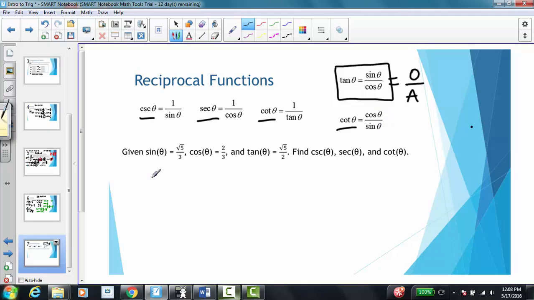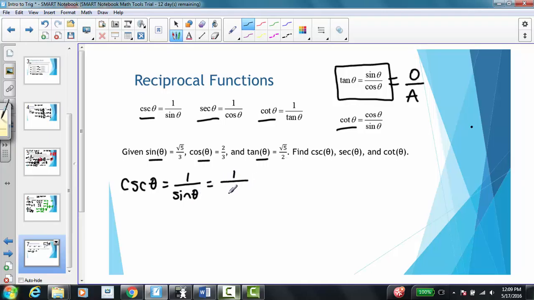Looking at this last example, we're given what sine theta, cosine theta, and tan theta are, and they want us to find cosecant, secant, and cotan of our angle. So cosecant theta is equal to 1 over sine theta.